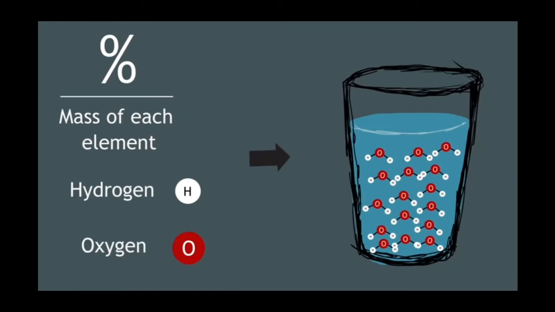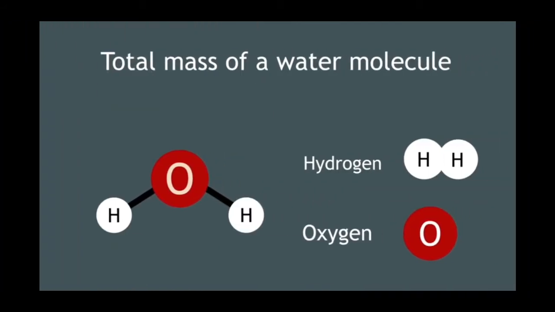Now, we are going to calculate the percentage by mass of each element, that is hydrogen and oxygen, in a molecule of water. To find the total mass of a water molecule, you should know the atomic mass of each element, that is hydrogen and oxygen.